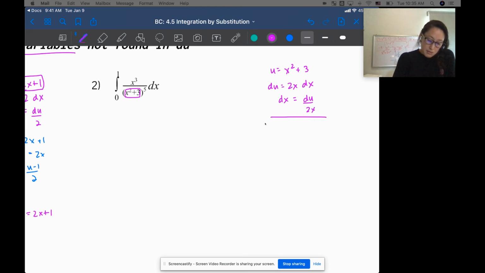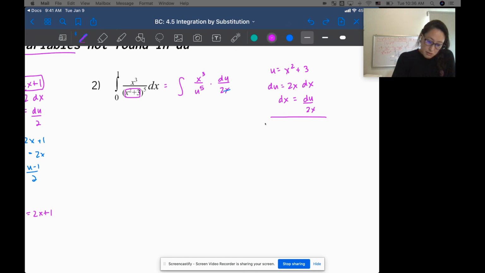Let's go ahead and rewrite this just to make sure it works out somewhat nicely. Is equal to, no bounds yet. We'll replace those in just a second. Okay, so I have x cubed over u to the 5th power times du over 2x. And I notice that one of the x's cancels.